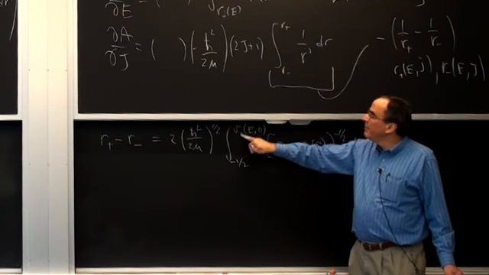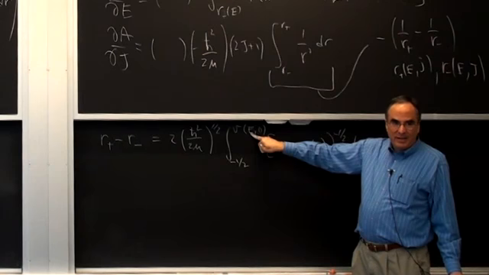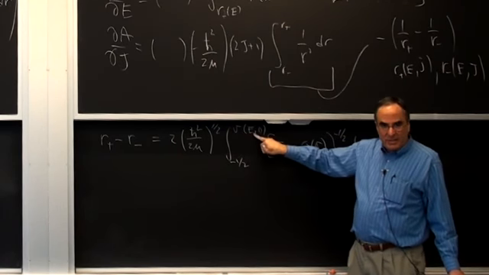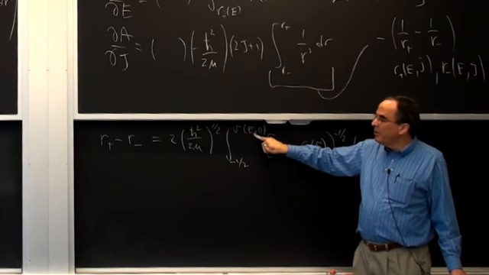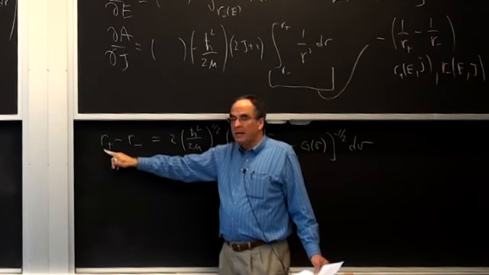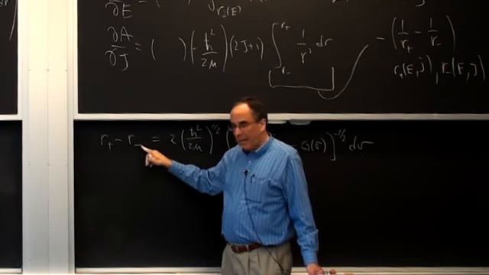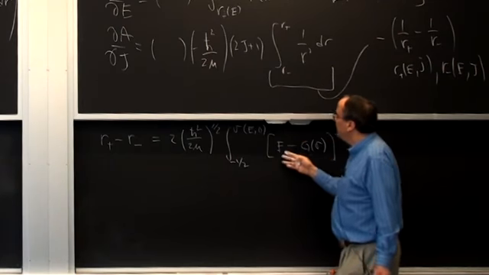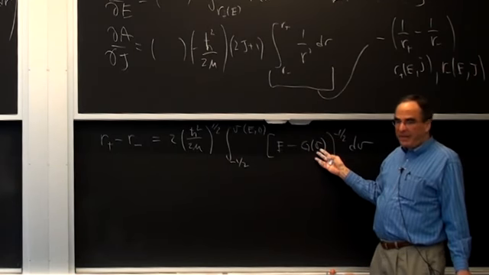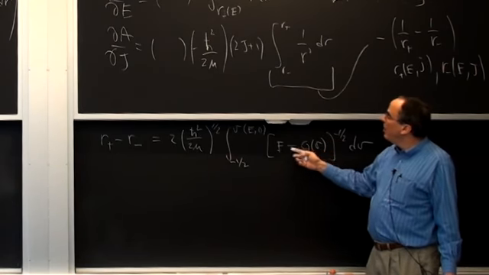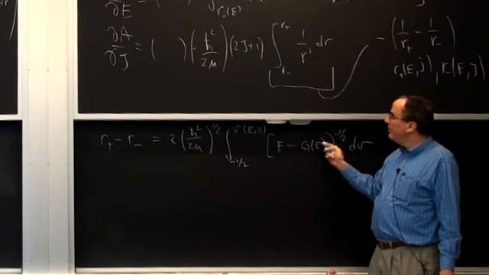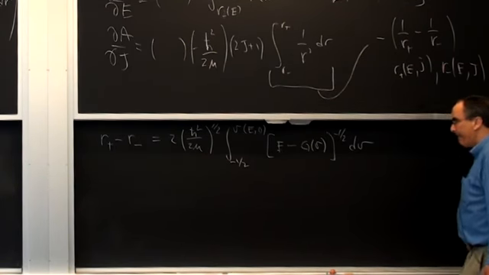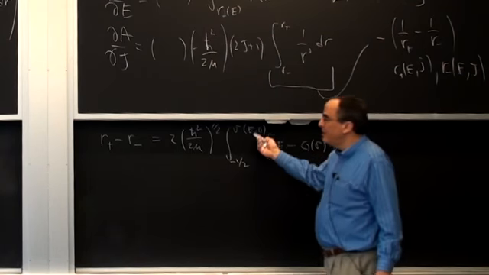This is the inversion of E of V, and so this can also be treated as a continuous function. So you can determine r plus minus r minus as a continuous function of V if you know G of E, or a continuous function of E.